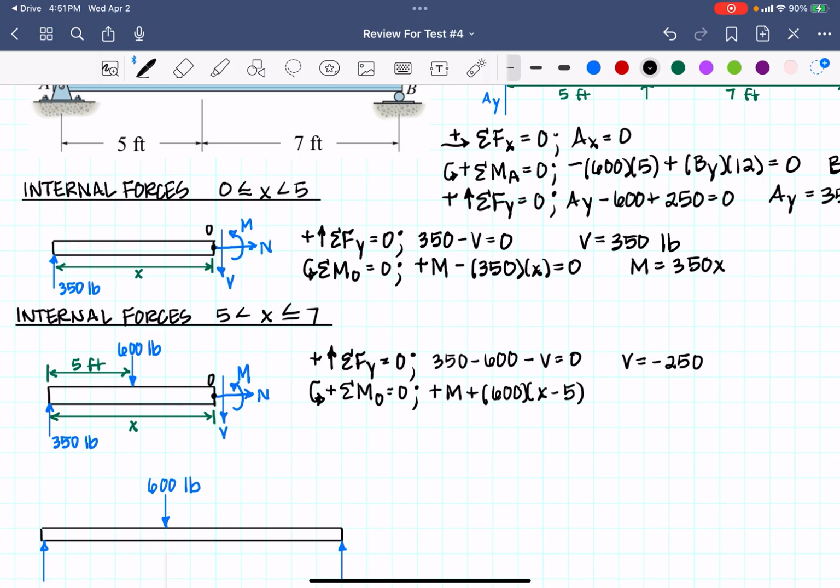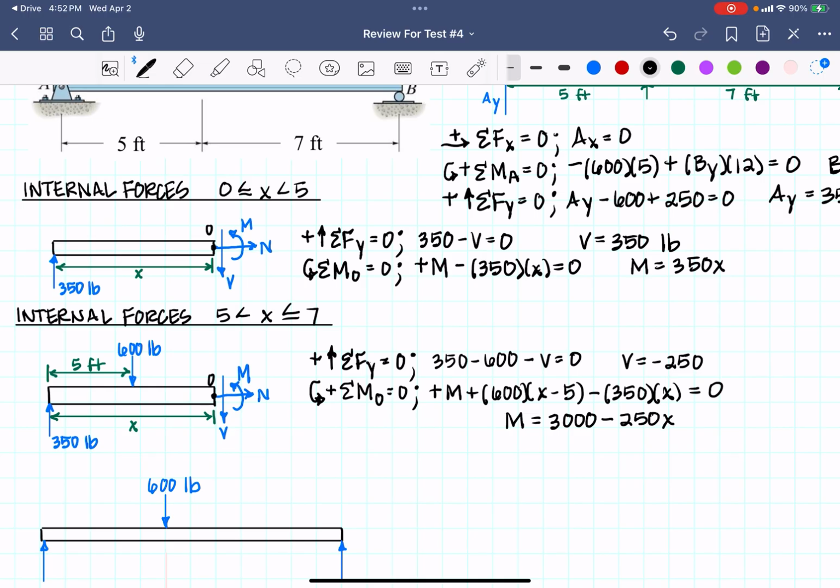And then I'm going to have the 350 pounds, which is a negative 350 pounds times x. Its distance is just x. So when I solve that for M, I'm going to get that M equals 3,000 minus 250 times x.